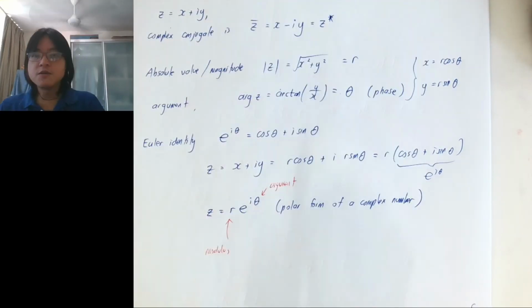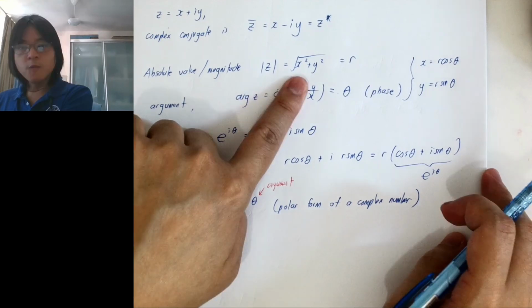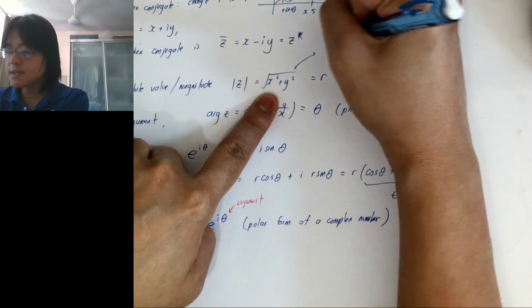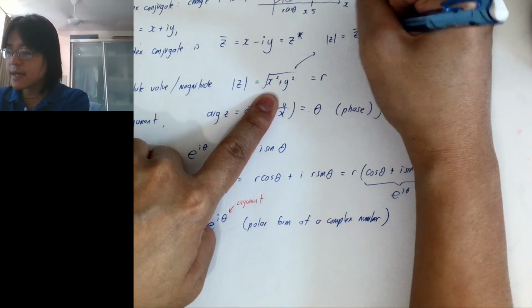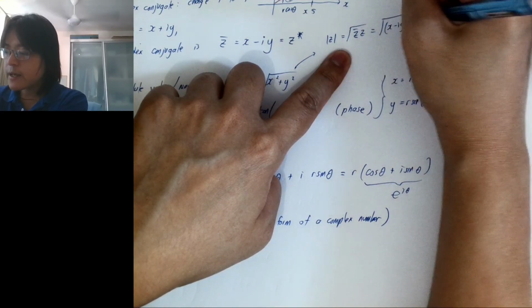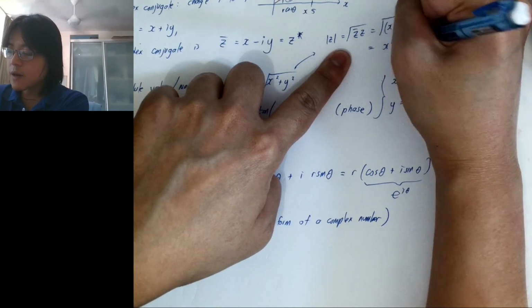Okay, so notice that, actually, what is another way to write this? Another way to write the modulus of z is the square root of z bar times z, because z bar times z is x minus iy times x plus iy. If you work it out, you get x squared plus y squared.